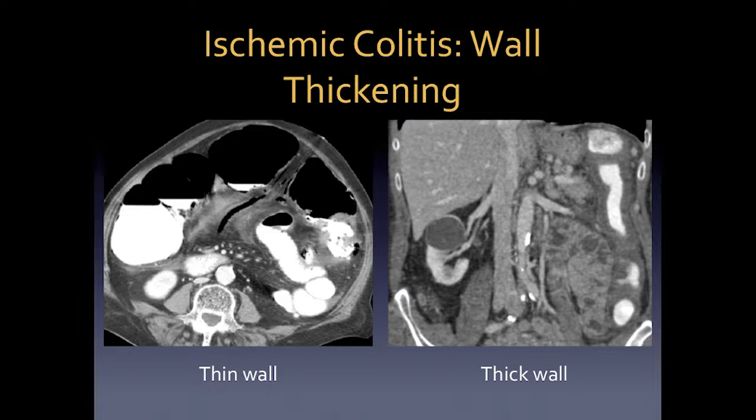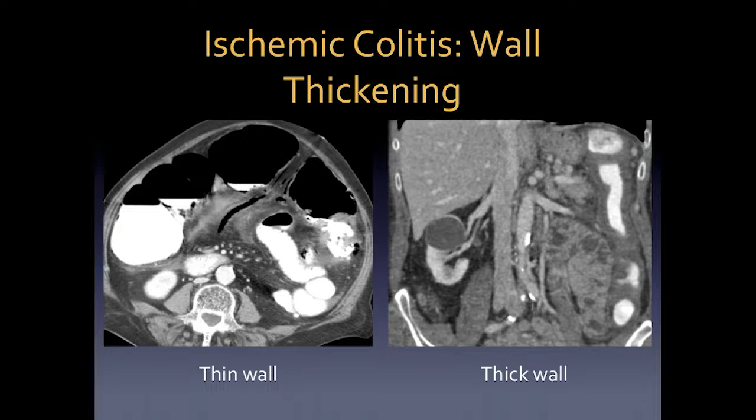On the other side of the screen, we have an example of a very thick-walled colon. That is also quite classic for ischemic colitis. So we can have the two appearances. When it's thin-walled, particularly in a case like this, where we see evidence of pneumatosis and portal venous gas, the diagnosis is more obvious.